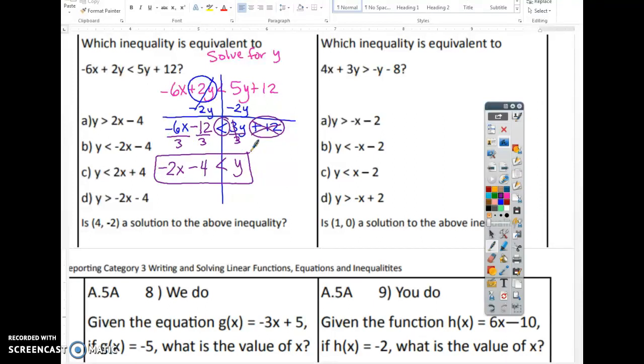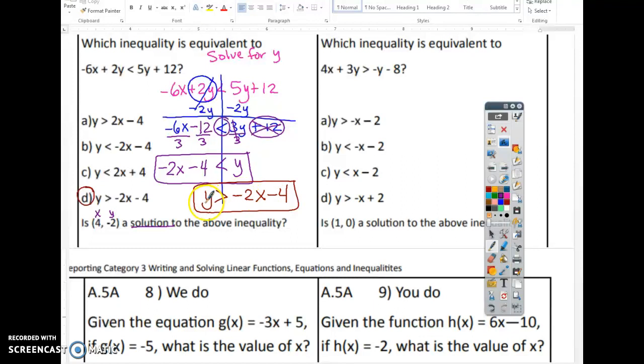Now you're going to flip the whole thing because the y needs to be on the other side. So if I flip the whole thing, that means the sign also flips. Everything flips. So y is greater than negative 2x minus 4, which is the same thing as D. And then you're going to use this one to plug in your solution, your x and your y, and see if it is a solution here.